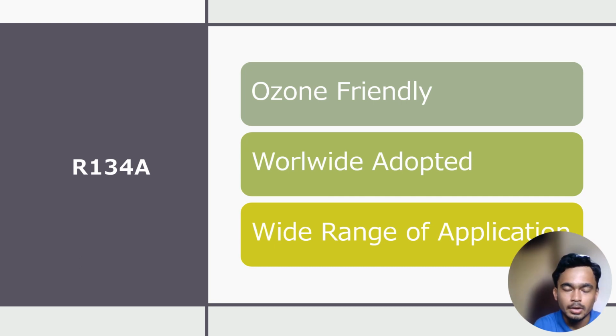So the availability of the refrigerant would not be an issue. And lastly, this refrigerant has a wide range of application because it is also being implemented in automotive air conditioning systems.